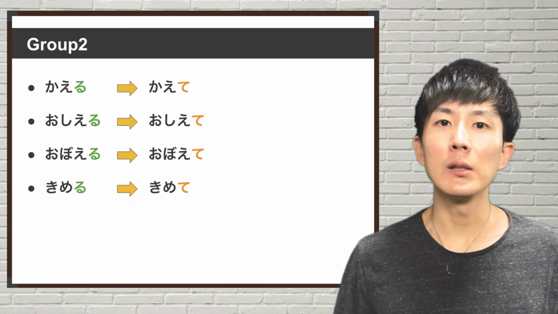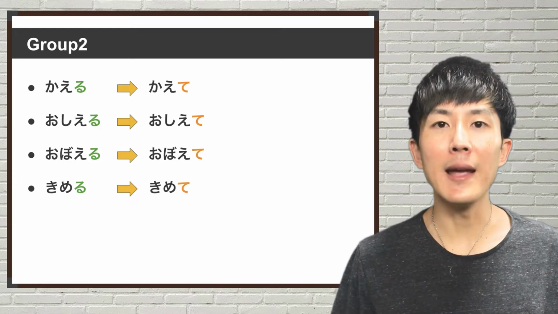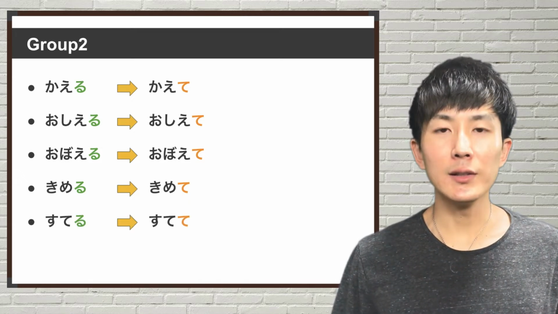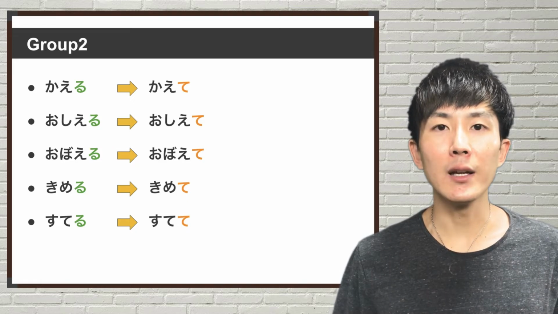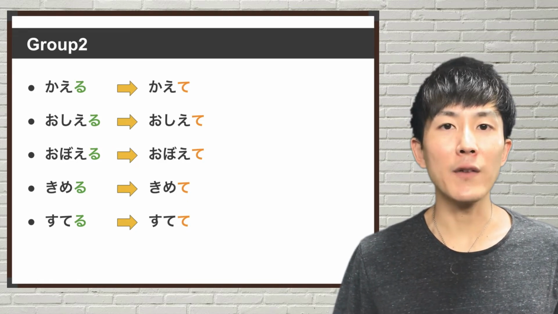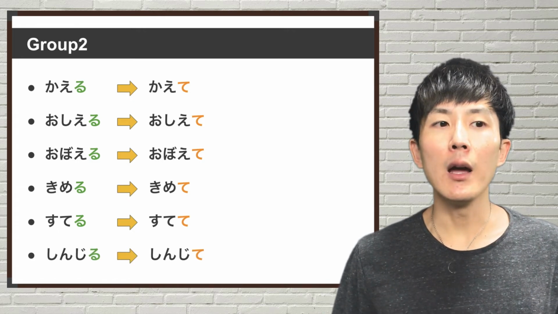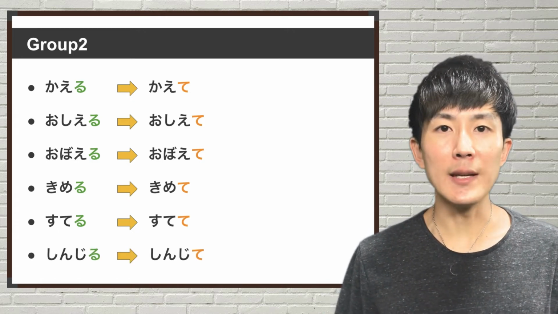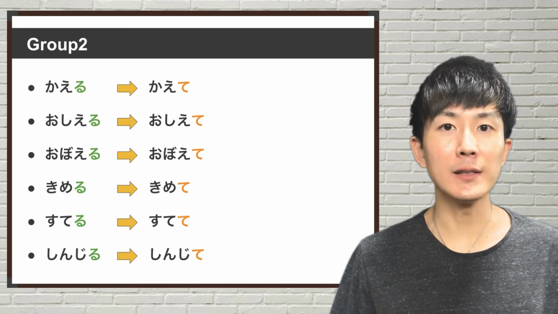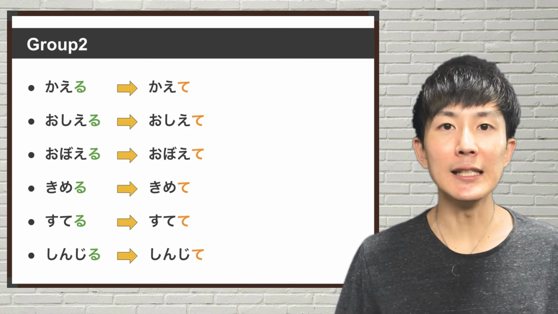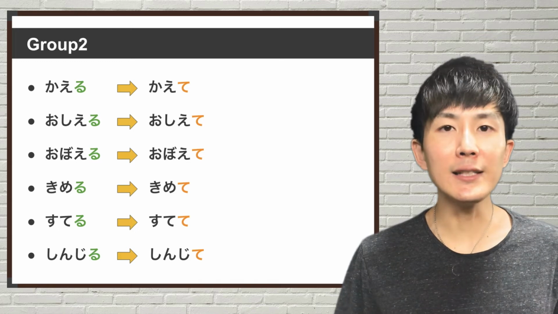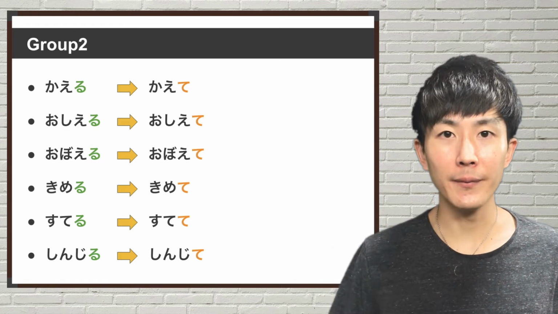Then it becomes 決めて. 捨てる, which means throw away. Then it becomes 捨てて. 信じる, which means believe. Then it becomes 信じて. This is the conjugation rule for group 2.